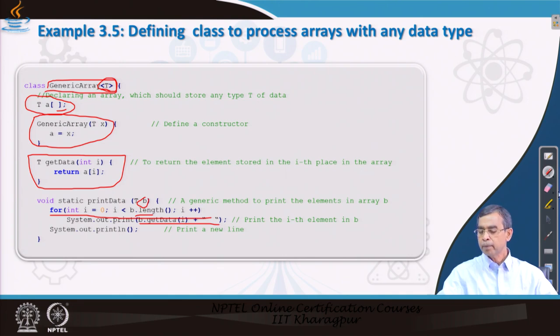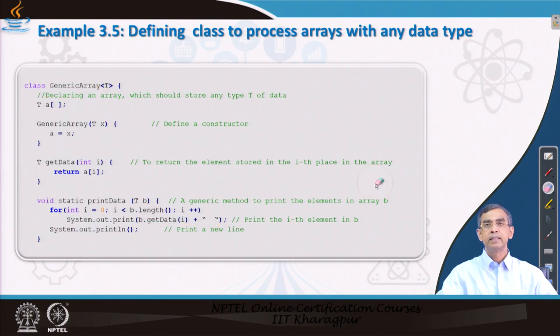So, these are very simple methods that we have discussed here in this class: one is the name, the value that it can store in the array, and then finally the print method and how to access each element in the array.